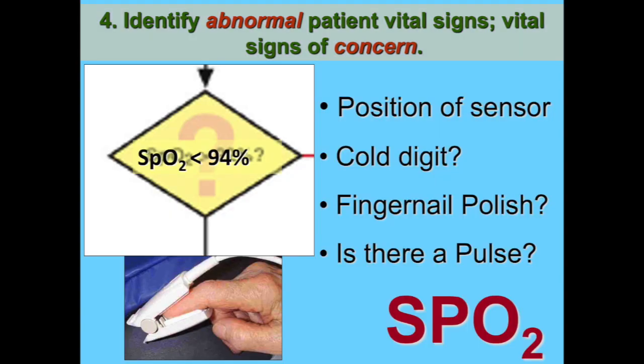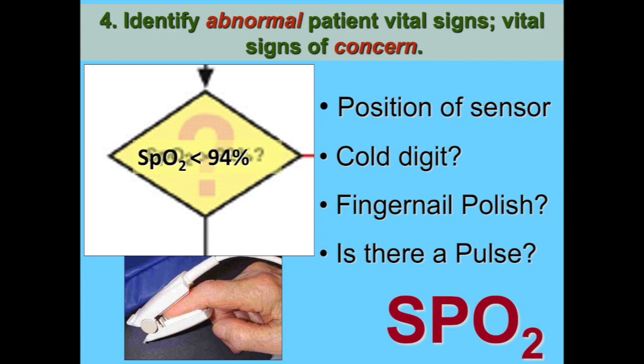With abnormal SpO2 readings, it could be because of the position of the sensor on the digit. It could be a cold digit. If there's not a lot of circulation there, we've got to have a pulse by that probe, those infrared and red diodes that we saw in those lights.